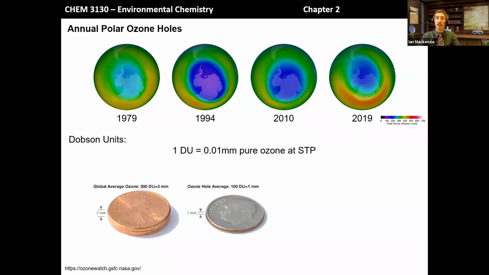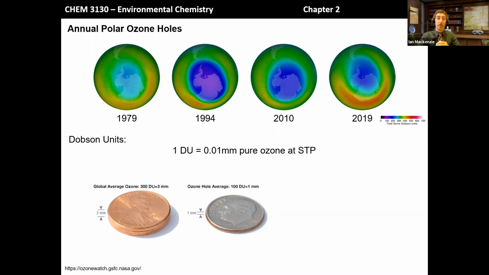And normally that means dropping down from about an average of 300 Dobson units down to an average of about 100 Dobson units. So that's approximately the thickness of a dime in terms of the amount of ozone there if you were to compress it to standard temperature and pressure.